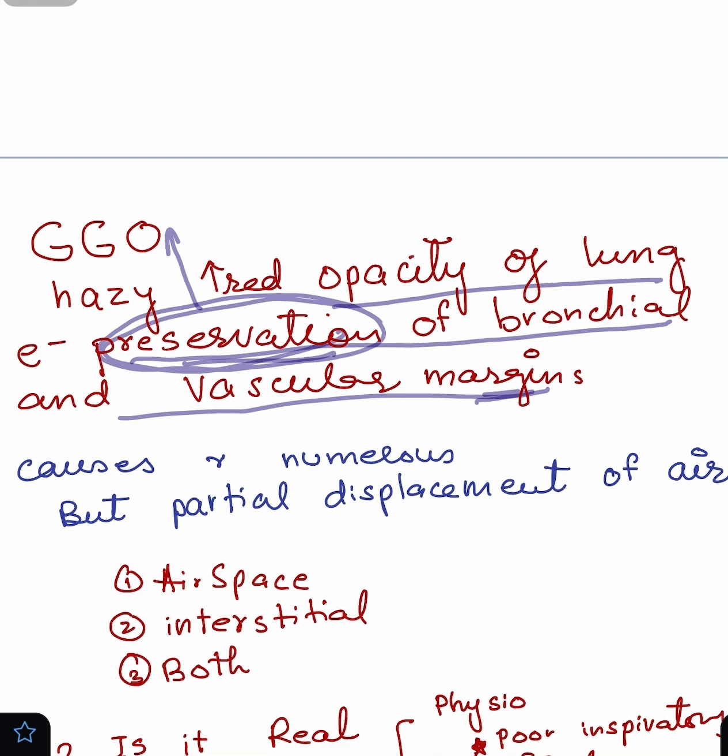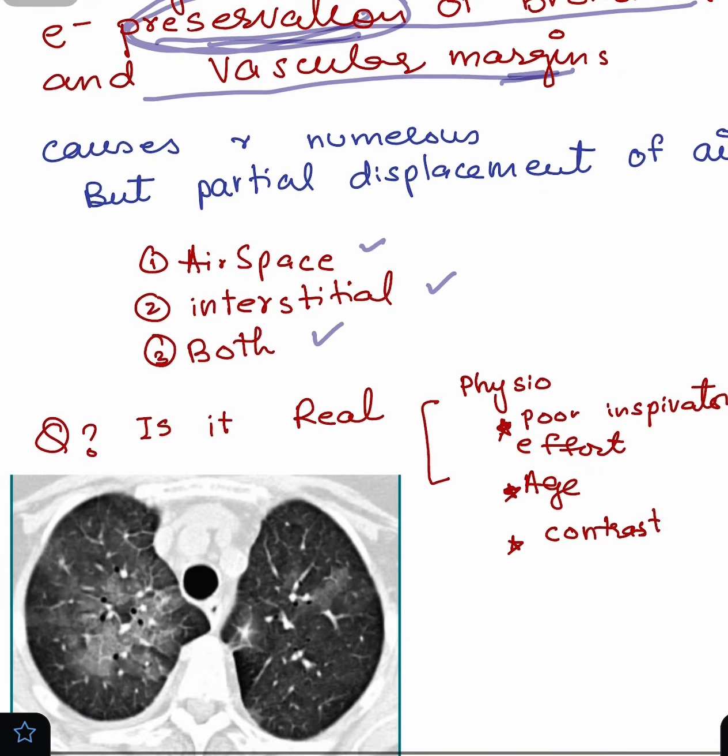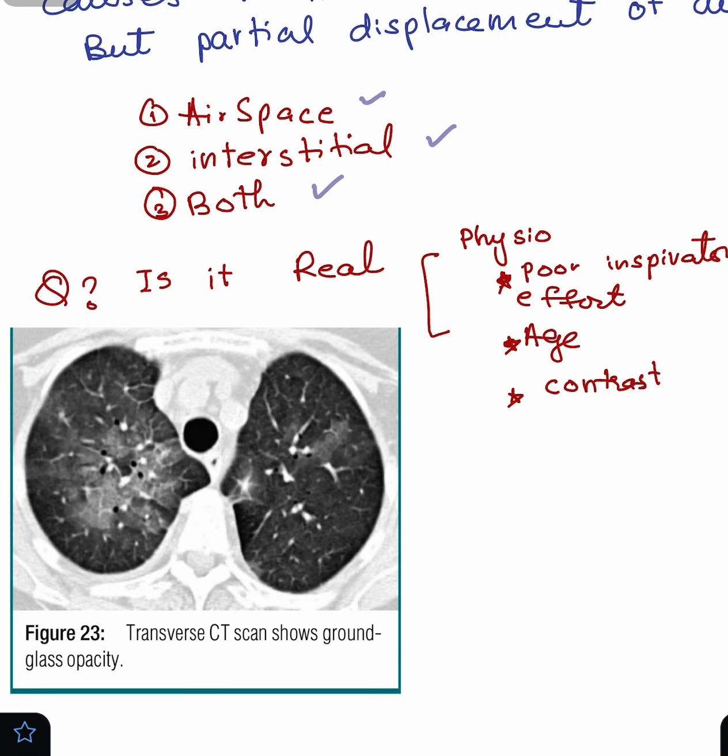There are numerous causes behind ground glass opacification, but basically a partial displacement of air is the main reason. It could be because of pathology in the air space, interstitial, or both air space and interstitial. It appears as a hazy increased opacity of lung, with preservation of bronchial and vascular margins.